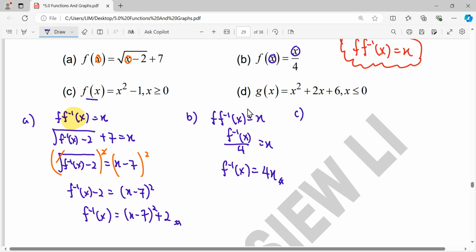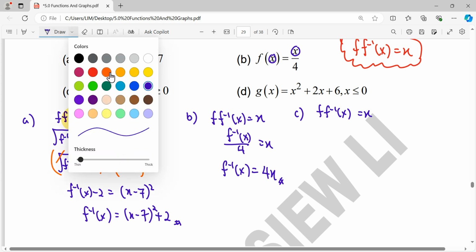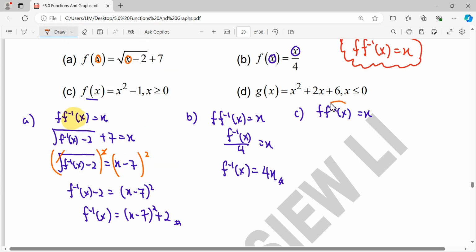So still using the same notation, which is function of x, to find its f inverse, f of f inverse equals x. Substitute f inverse into x here, into our function.